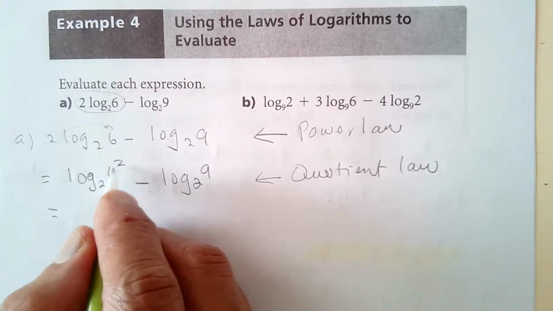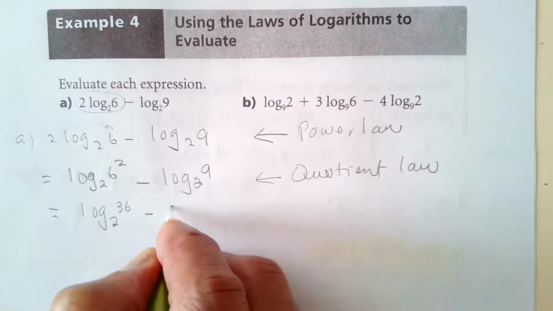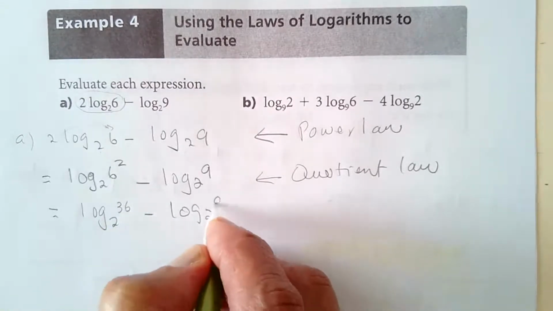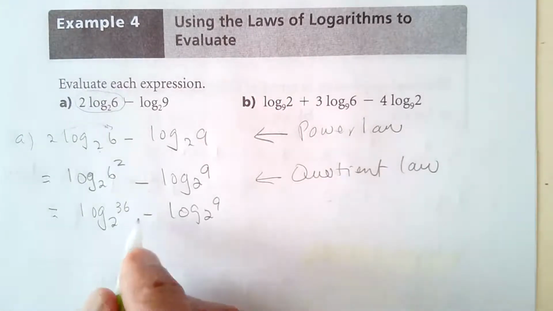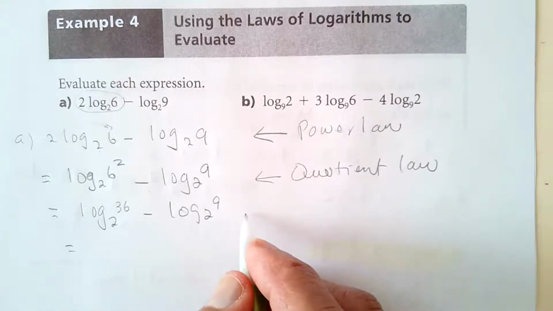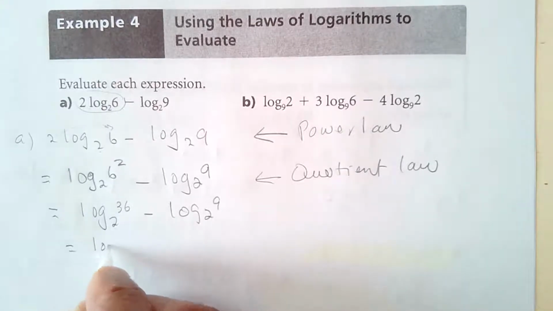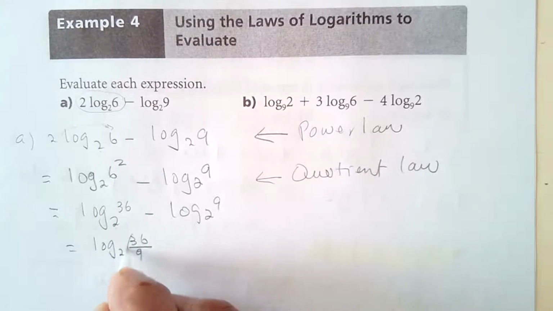By the way, we can simplify this because this becomes log 2 to the 36. Now if we use a quotient law, we get log 2 of 36 divided by 9.